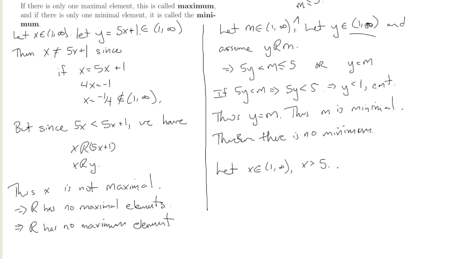Well, to show that thing is not minimal, I just need to find something that is less than or equal to it, right? Well, I just need to find the number divided by 5. Then x divided by 5 is greater than 5 divided by 5, which is 1. And so x divided by 5 is in the interval from 1 to infinity.